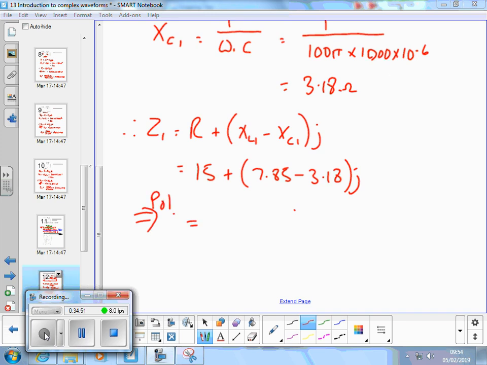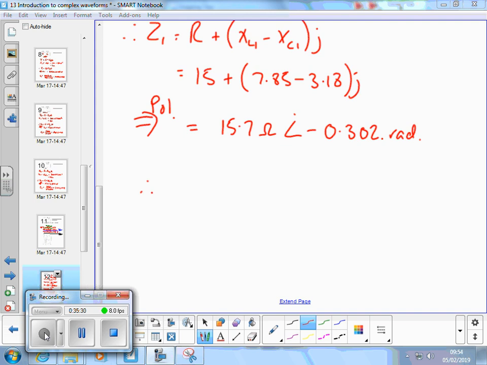What do we get? Z1 in polar, 15.7, angle 0.302 radians. Yeah.